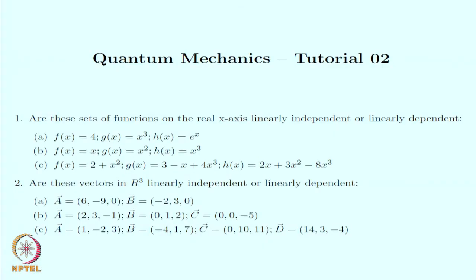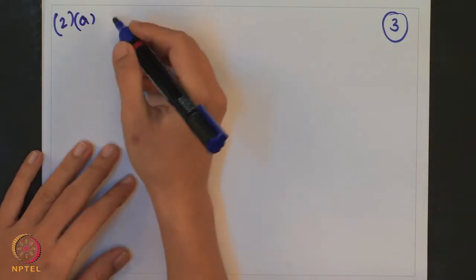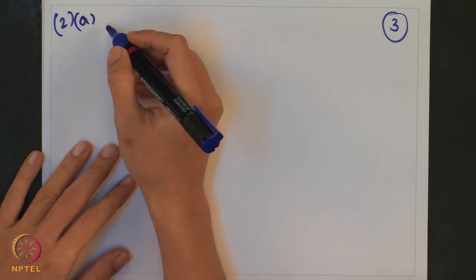Now let us go to the second part of this question. Again the problems will be similar to what we have done in the first part. Here the coordinates are given.